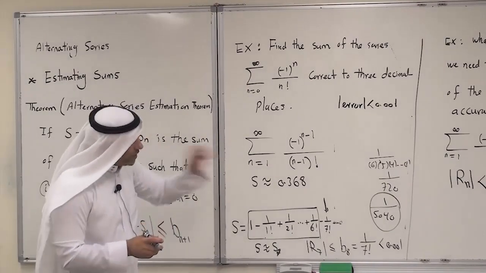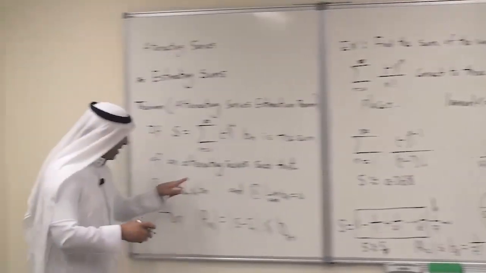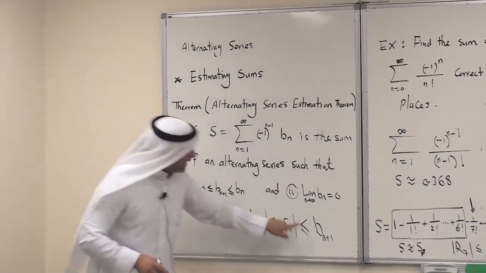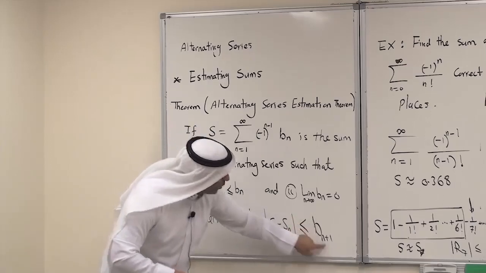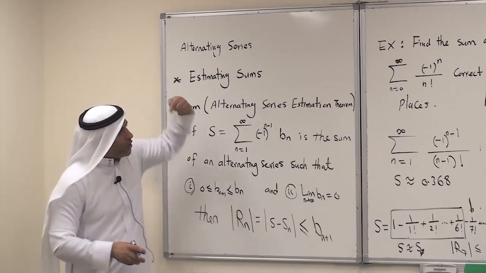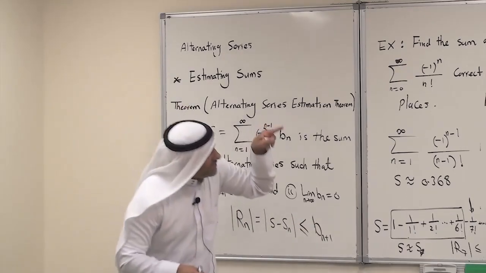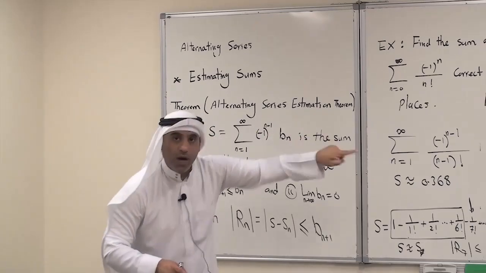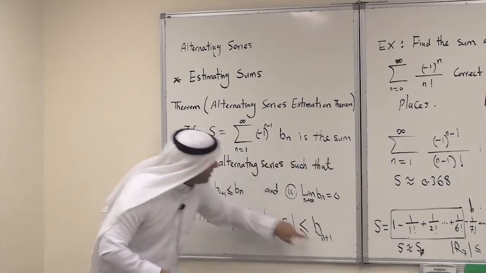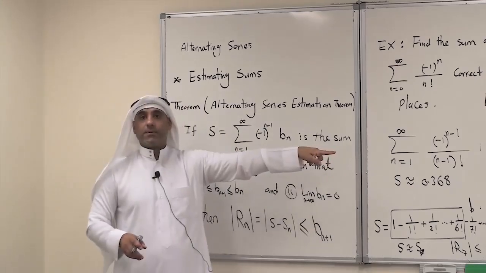So how to control this error? We know that our error is less than or equal to Bn plus 1. So in order to make sure that our error is less than 0.001, we need to force this element to be less than that number.